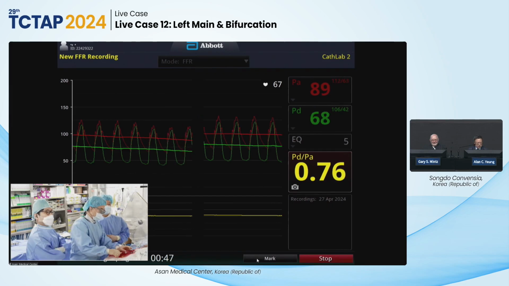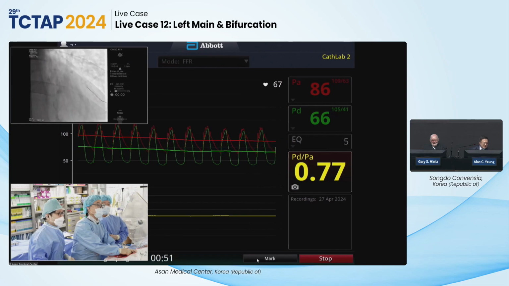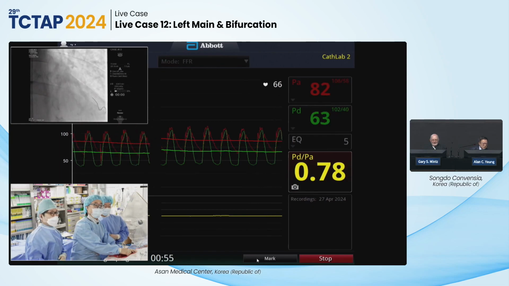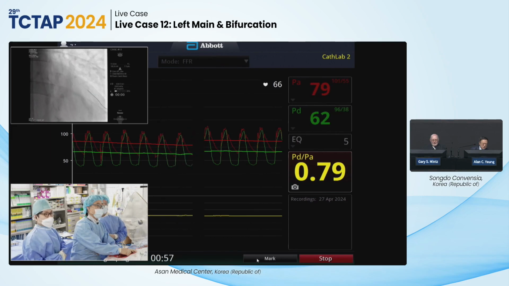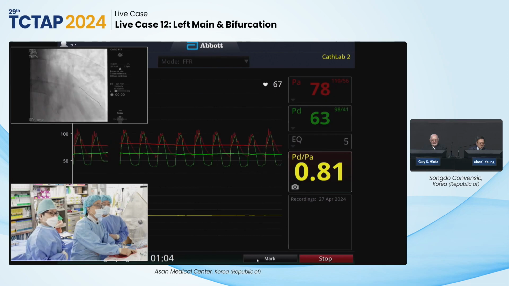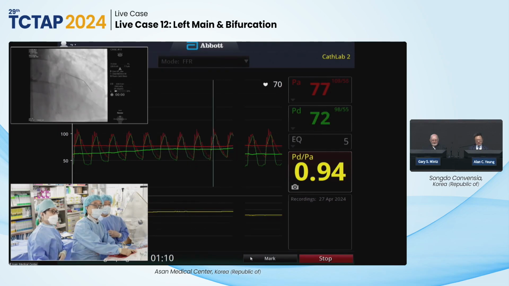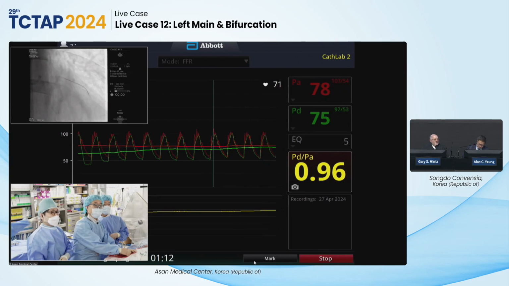You could do a pullback when you're ready to see where the... Okay, these are part of the diagonal branch, and then slowly pull back over here, 0.79, and then we will pull back to the ostium of the diagonal branch. Stop, it's there. 0.92. Yes. Further, here is 0.87.